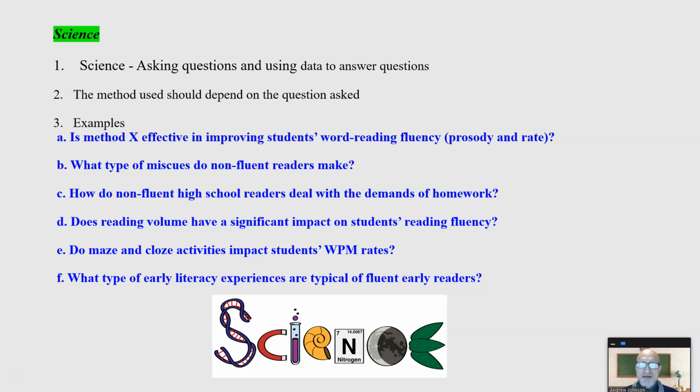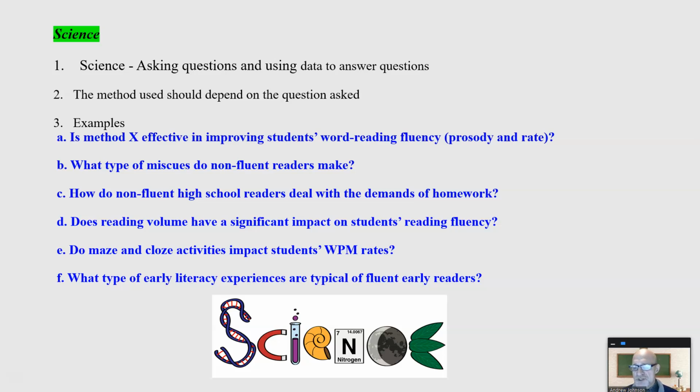Does reading volume have a significant impact on students' reading fluency? Quantitative, controlled experimental research. Do maze and cloze activities improve comprehension? Yes, quantitative. What type of early literacy experiences are typical of fluent early readers? Again, that is qualitative. The question should determine the type of research and the research methods used.